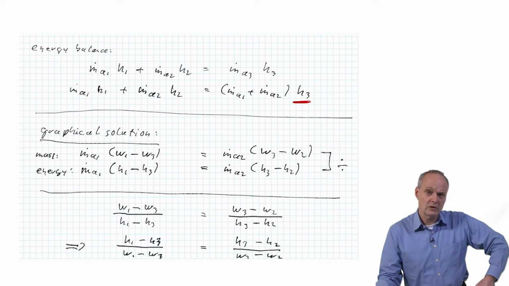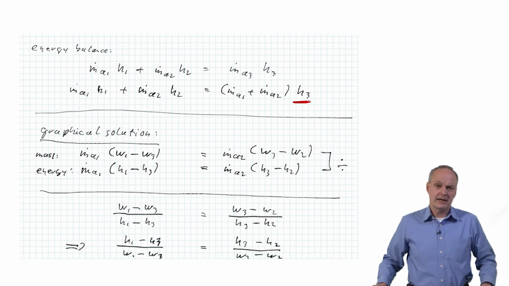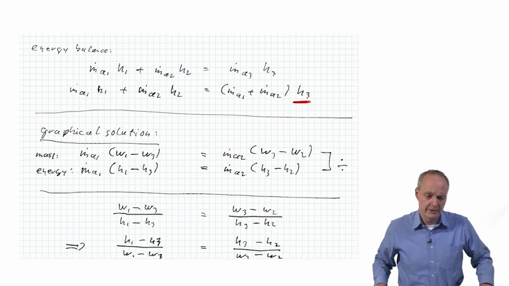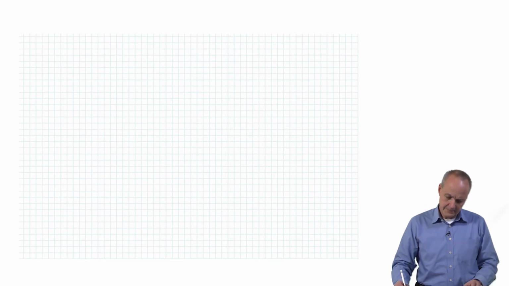This looks like the slope of a straight line if your variables were H and W. And it turns out that in your psychrometric chart, if you remember what we talked about a few weeks ago, these are actually the fundamental variables: the humidity ratio, W, and the enthalpy, okay?